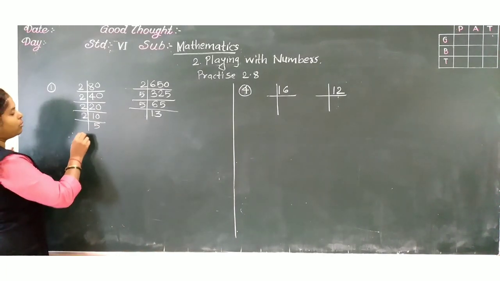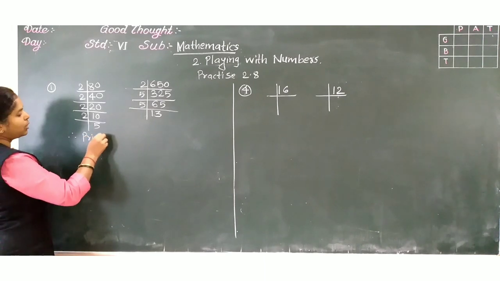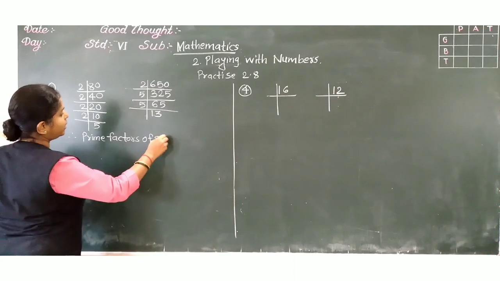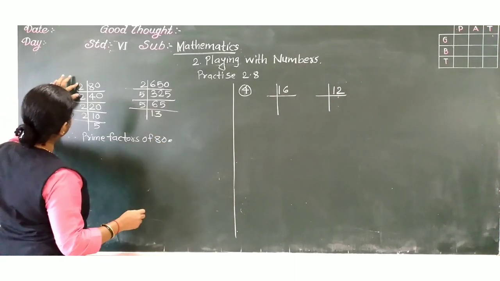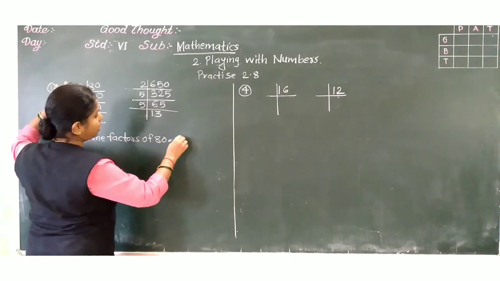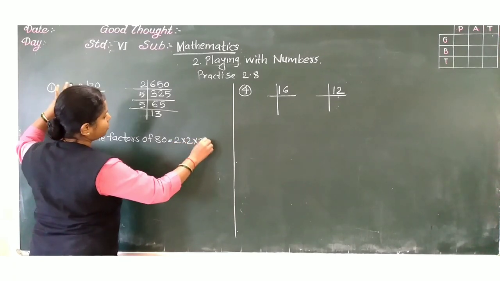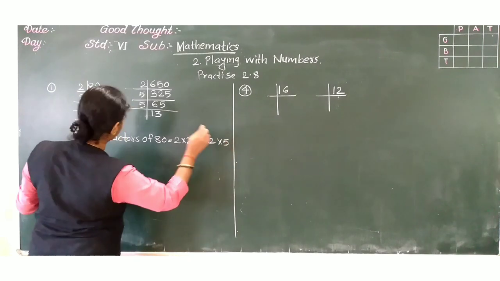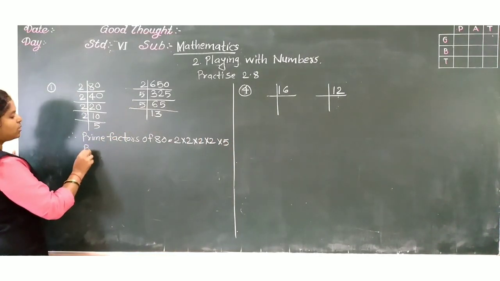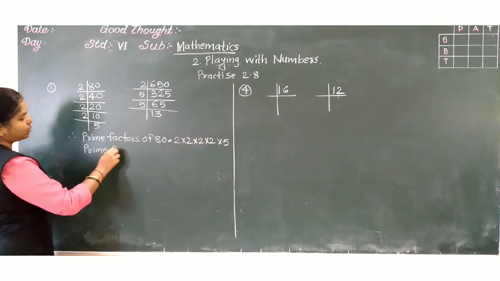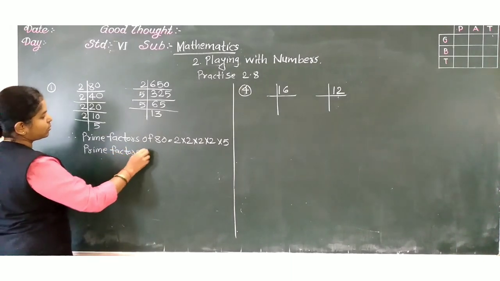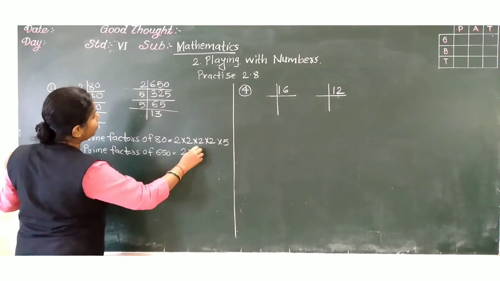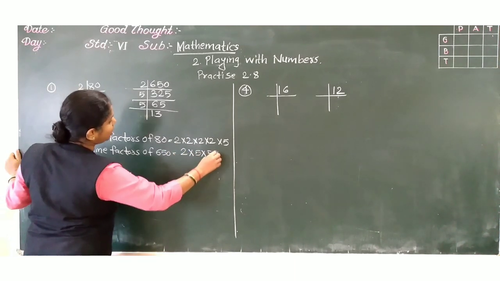Now what do we have to find out? First write the prime factors of 80, which is 2 four times: 1, 2, 3, 4, and this 5 also we have to write. Then the prime factors of 650 is equal to 2 into 5 into 5 into 13.